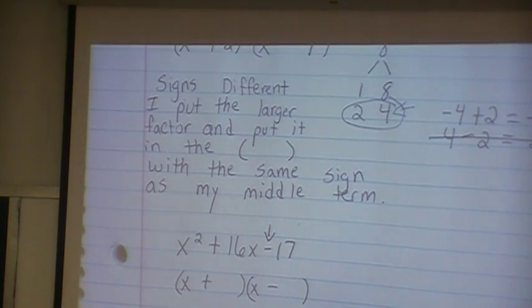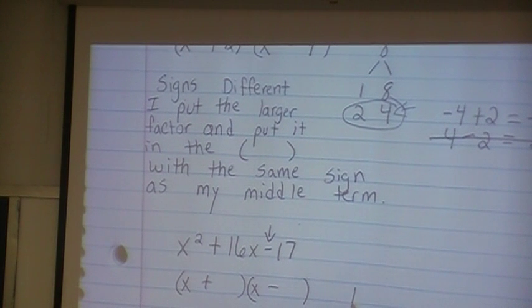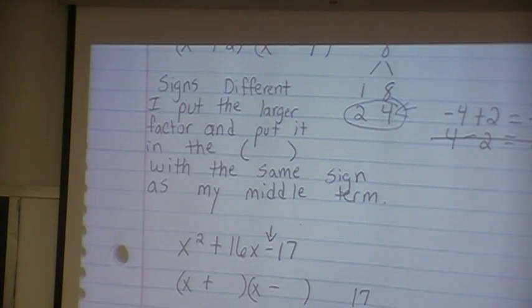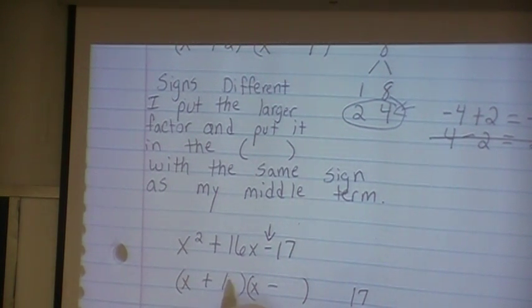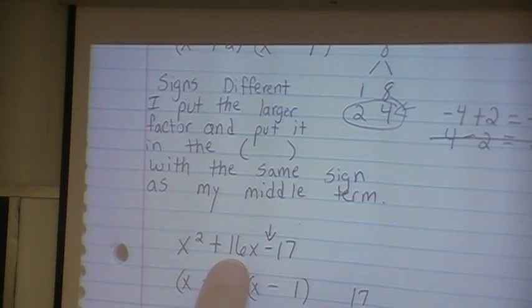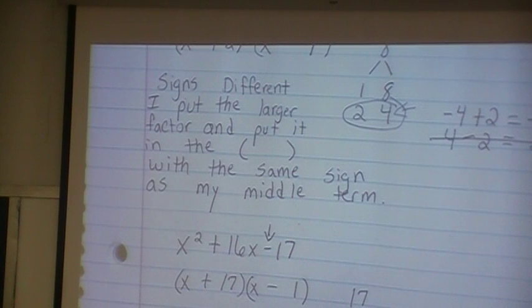Going to break your x apart. It's not many factors of 17, it's a prime number. 17 and 1. However, because my signs are different, it does matter where I put the factors. 17 is the larger factor. Where does it have to go? Has to go here. Because 17 minus 1 gives me 16.